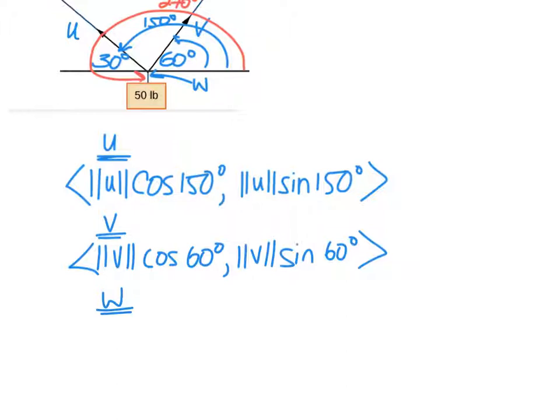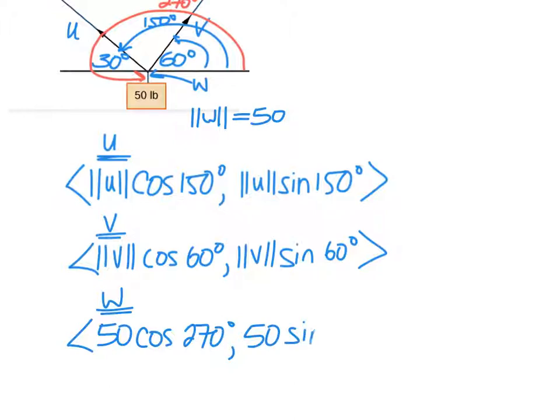Like I said, I'll throw you a 90. All right, so 270 is a 90-degree movement in some direction. So we know that the magnitude of W is equal to 50. So we're going to say 50 cosine of 270, 50 times the sine of 270.